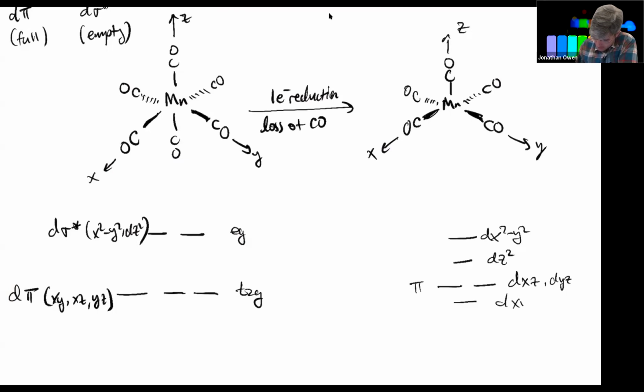And down here, dxy stays roughly the same. It's the one that's pointing between the COs here. Still has four. But this guy, he lost one. There used to be a CO down here. It's gone now. So the xz and the yz orbitals are no longer as strongly pi bonding. So these sigma stars change and these pi bonding orbitals change.